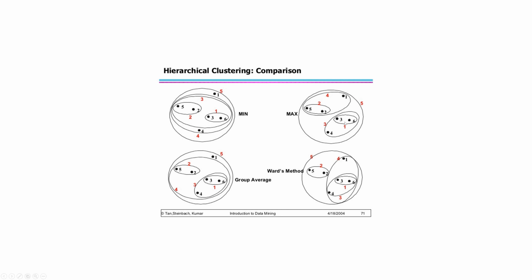The starting point will be the same because only two observations are there. Minimum and maximum doesn't matter there. But when you come to the next point, because it is in single form, we are talking about the distance between 3 and 4, versus 6 and 4.